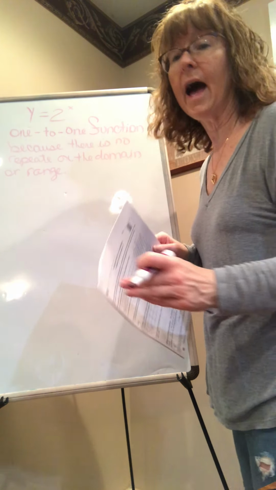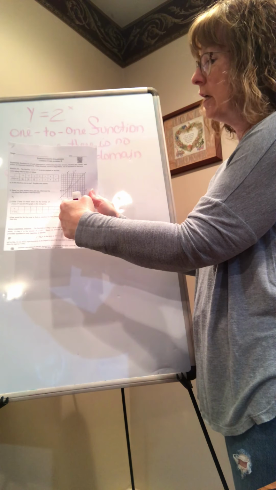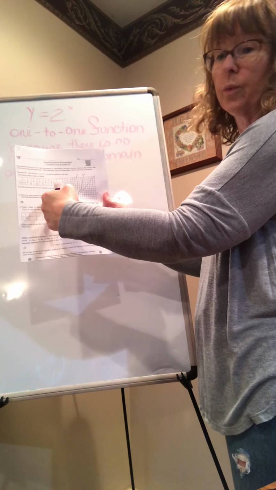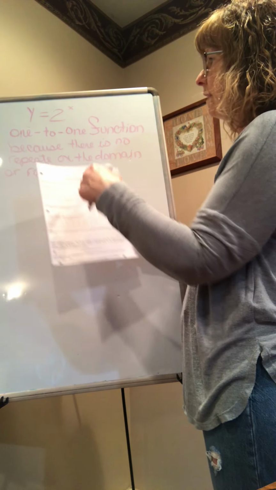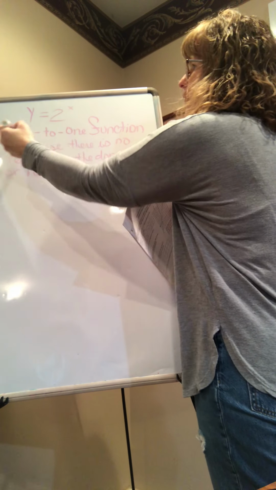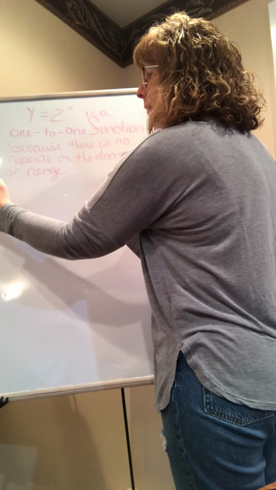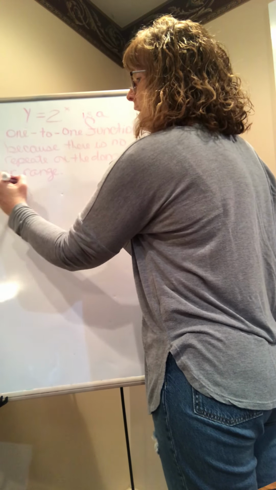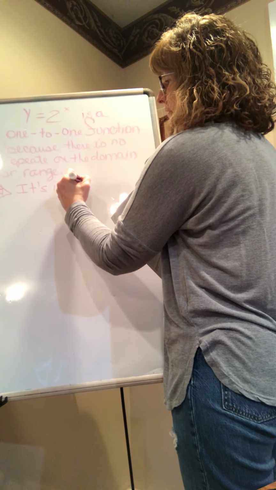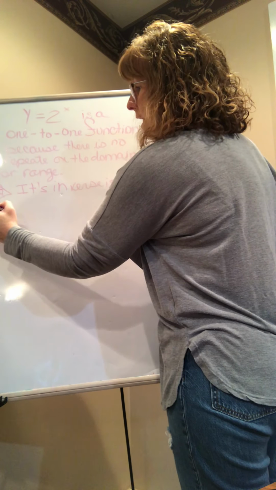So you can look at your picture, and if you can do the vertical line test on your picture, it's a function, and if you can do the horizontal line test, it's a one-to-one function. So because this is a function and it's a one-to-one function, that means its inverse is also a function.